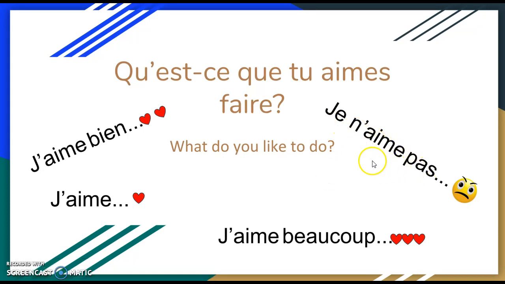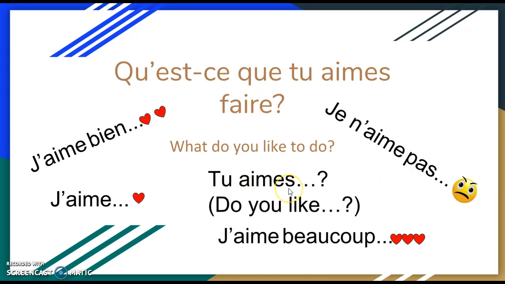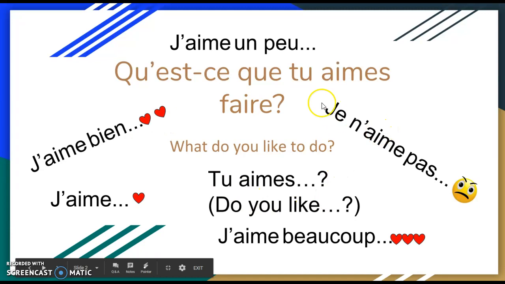Je n'aime pas. I don't like. Tu aimes. Do you like? J'aime un peu. I like a little. So here are all the different ways you can say you like or don't like to do something.